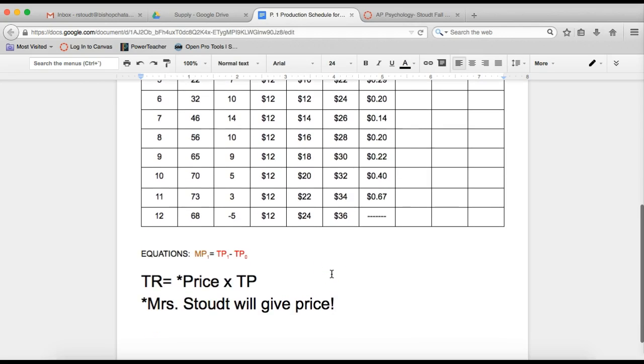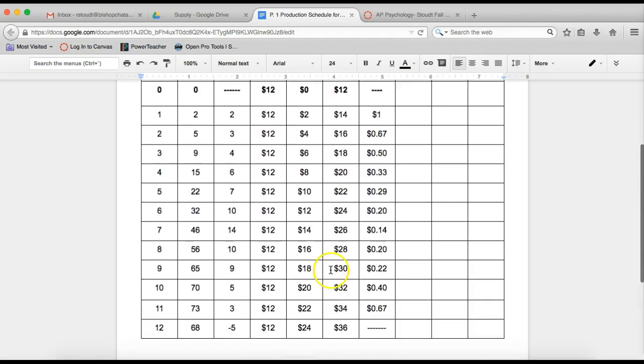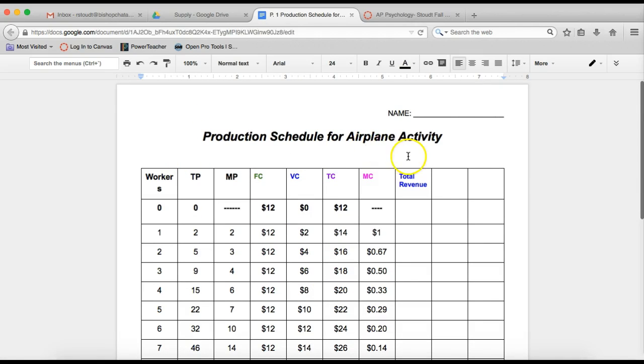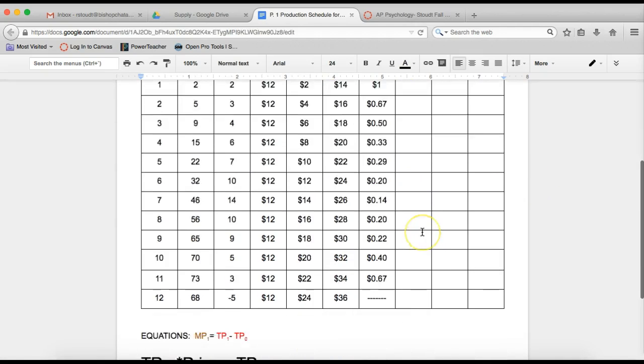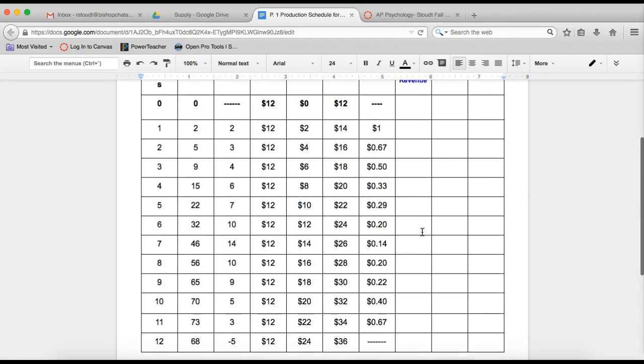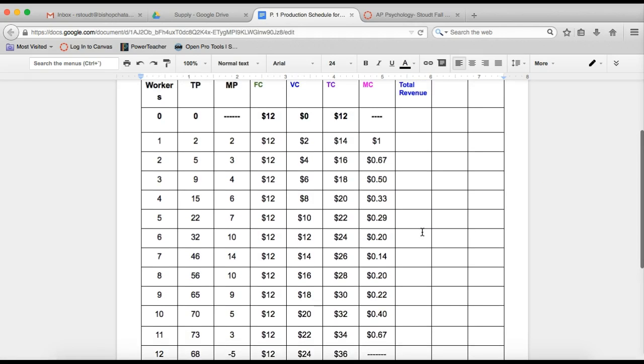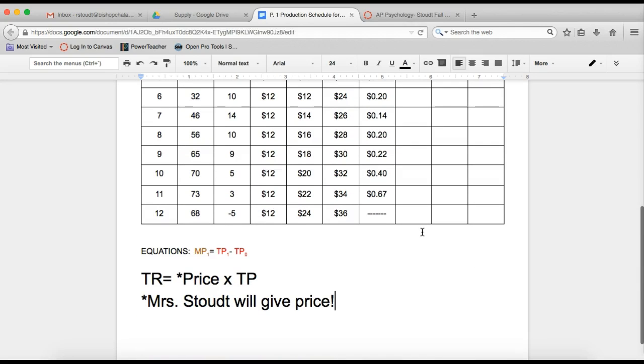I'm going to have you guys work on a worksheet practicing this entire thing at the end of the period, and I will have the price at the top. For this particular scenario, based off of how many airplanes you actually made last week, as well as our costs, our price is going to be 67 cents.